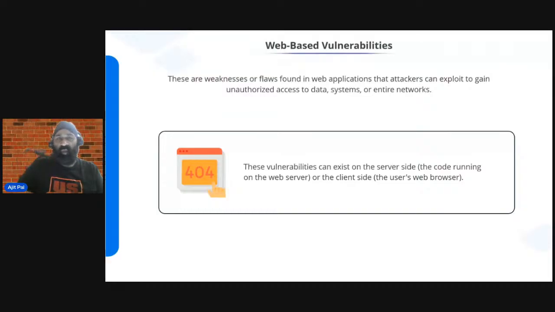These are weaknesses or flaws found in web applications that an attacker can exploit to gain unauthorized access to data, systems, or the entire network. Most of these vulnerabilities exist on the server side, and some exist on the client side also.